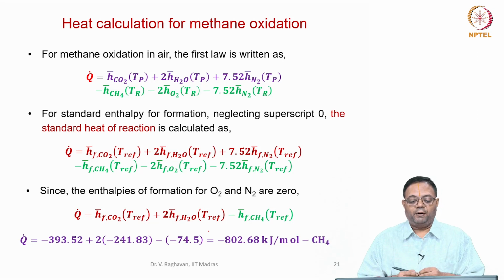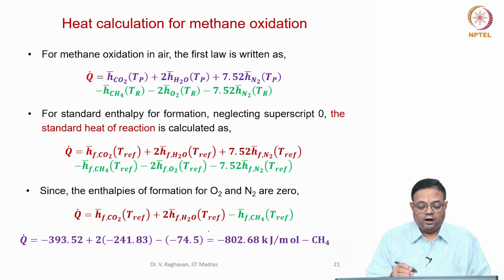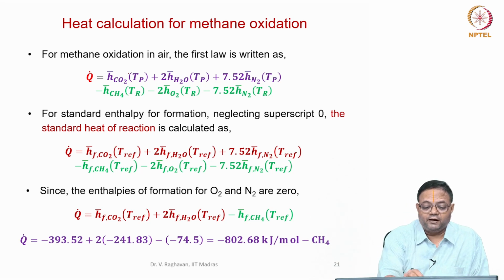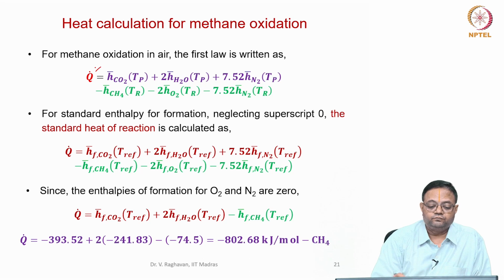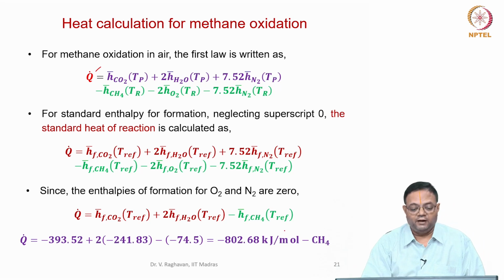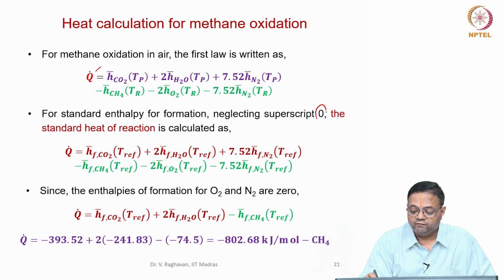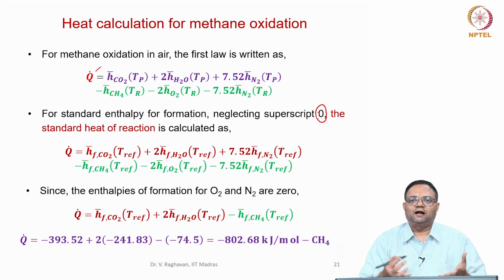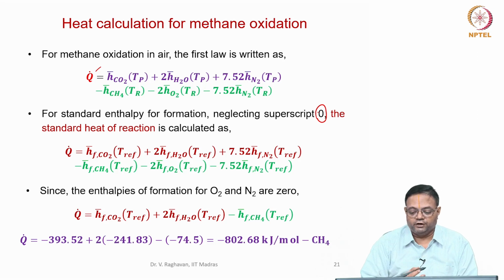Now, coming back to the equation, for methane combustion I write the heat release rate equal to the enthalpy of the products minus the enthalpy of the reactants. Now, for standard enthalpy of formation, for simplicity I have removed the superscript 0, because we know that for standard enthalpy we have already used atmospheric pressure conditions.